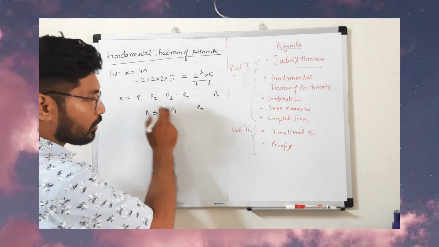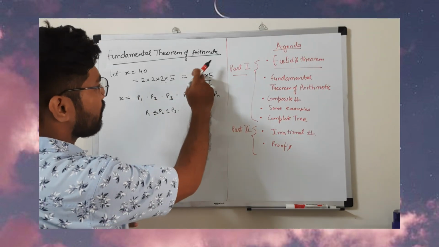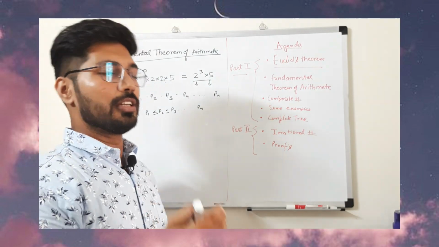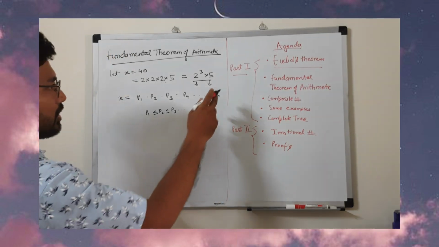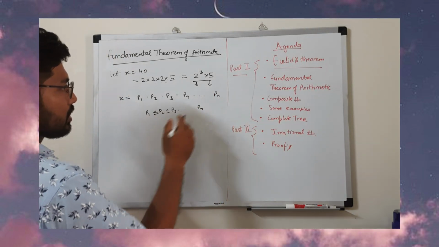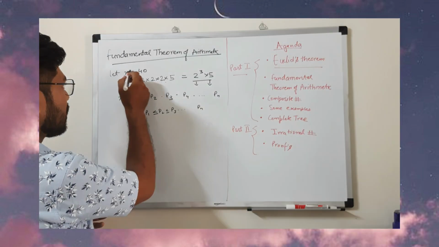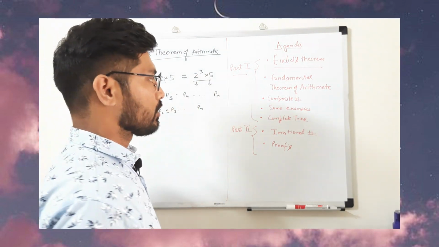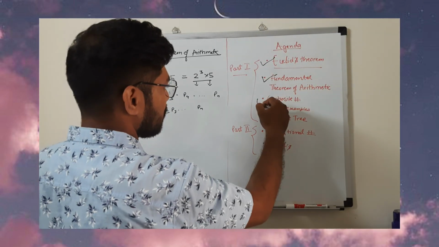This can be equal, like here you can see multiple 2's. If you put it in the powers of the primes, then this is the fundamental theorem of arithmetic. Composite numbers are those which are a multiplication of prime numbers. You can say 40 is a composite number which is a multiplication of prime numbers. So this we covered.